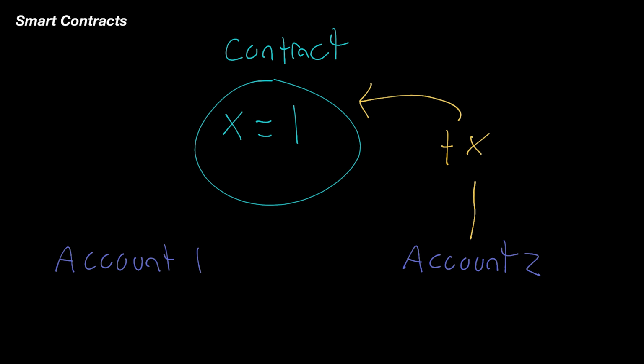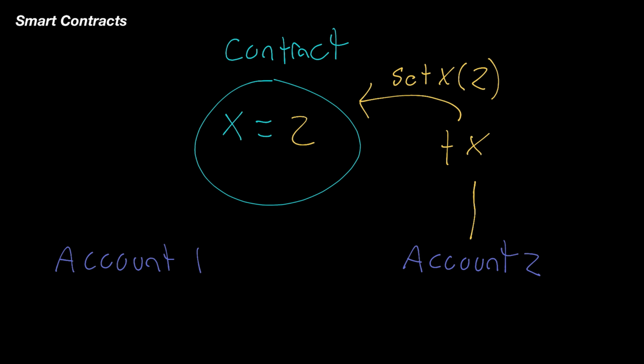Now, usually what we do is we pick some type of method or some operation we're going to be performing on the contract. So maybe we call some method here like setX, and we pass value 2. Now, the smart contract can do whatever it wants in this method, but maybe all it does is just change the state to 2. Then what we would do is we would simply change this. So now x is equal to 2. Perfect. Now, when we make this transaction, just like any other transaction, we need to sign it, we need to secure it.